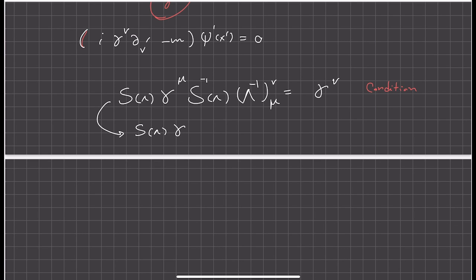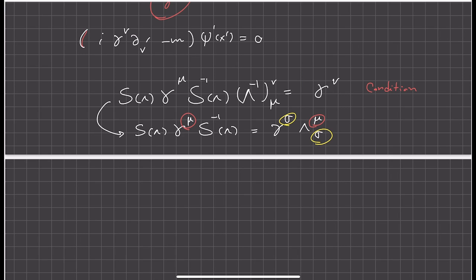So this S of lambda acting on gamma nu S minus of lambda is equal to the same Dirac matrices of index nu, the lambda, so Lorentz transformation of sigma and mu here. So we have this mu upper index should be the same. So there is this sigma dummy index.